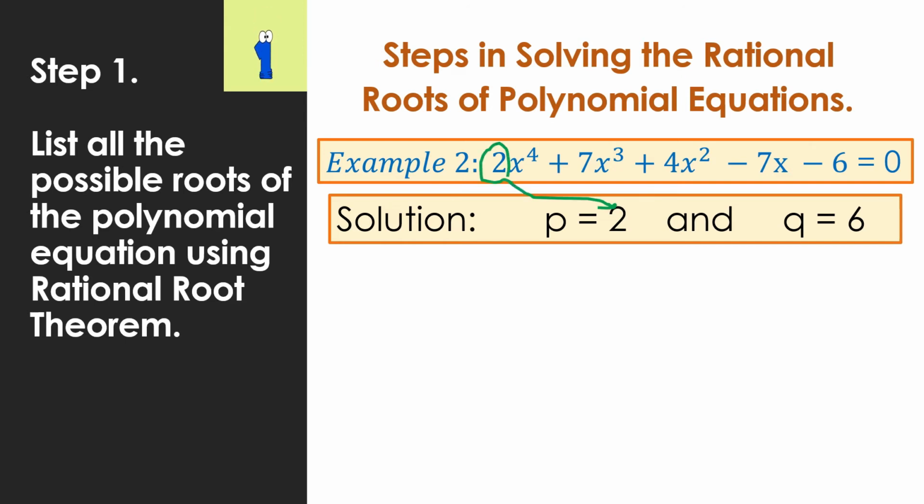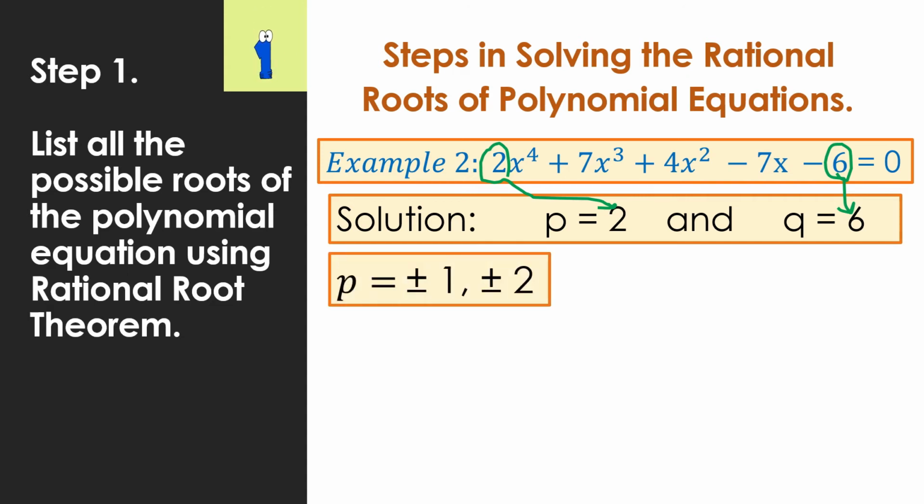Solution, we will get the P and Q. P represents the numerical coefficient of the leading term. So the leading term is 2x raised to 4, and the leading coefficient is 2. And Q represents 6, or the constant term.